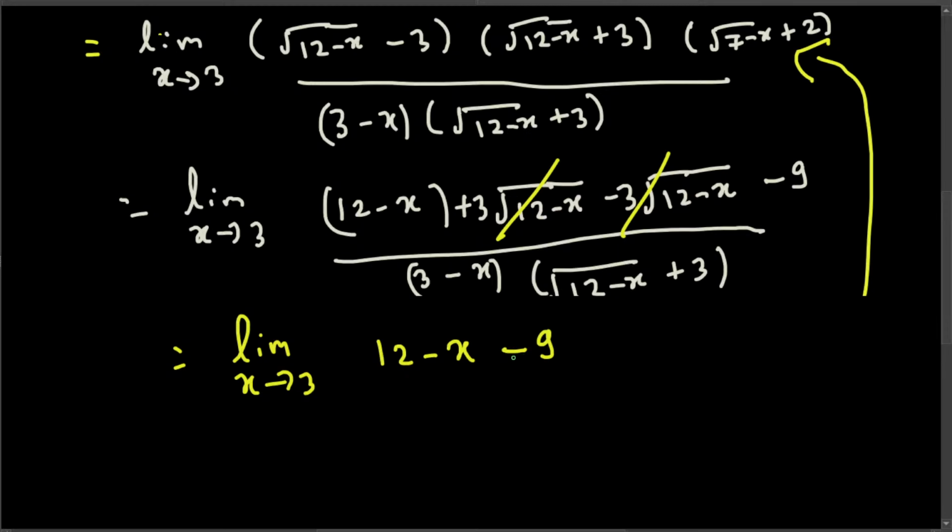So 12 minus 9, that's going to be what? Not negative, it's positive actually. 3 minus x. So we can simply write 3 minus x here. We can skip one step here. 12 minus 9 is 3, so 3 minus x.